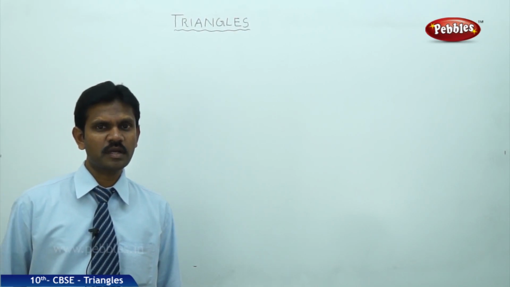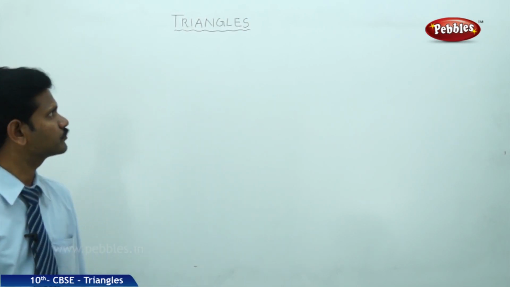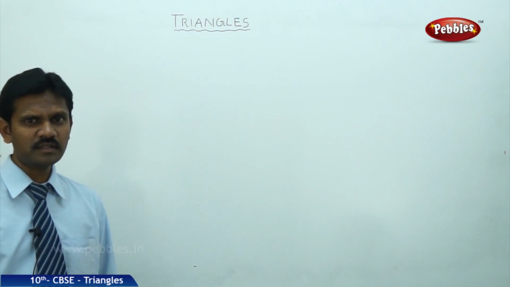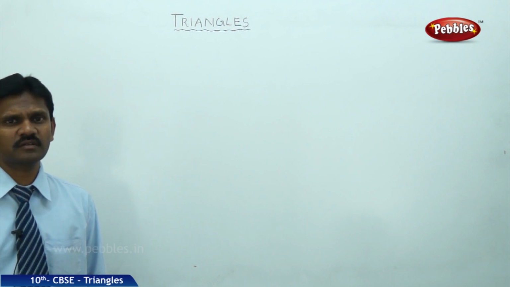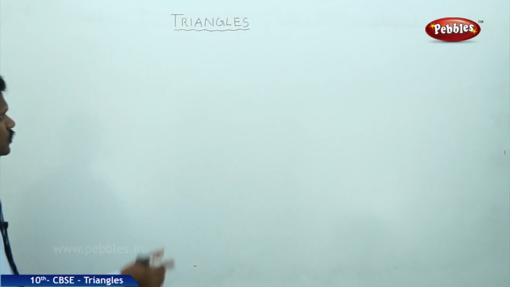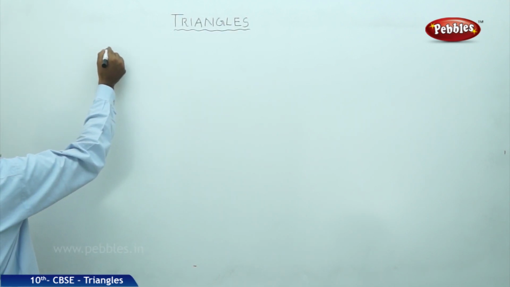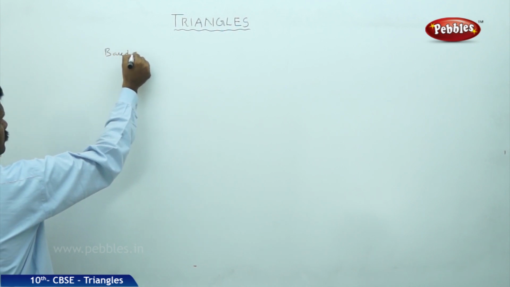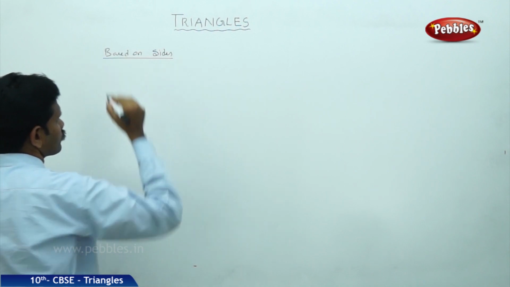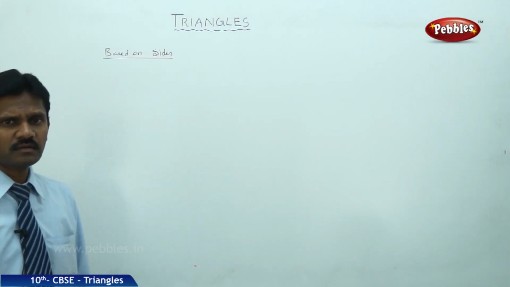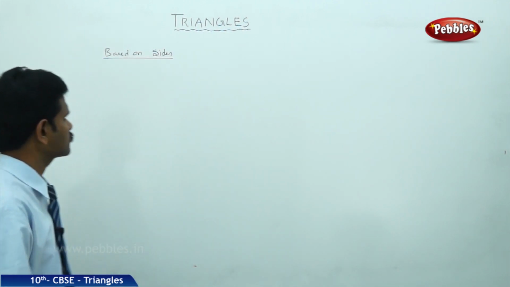Let us see our next chapter, triangles. In these triangles, what are the different types of triangles based on the sides and the angles? Now, based on sides, triangles are classified into three types.